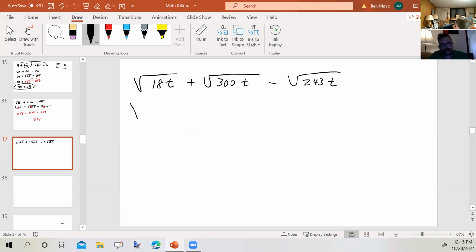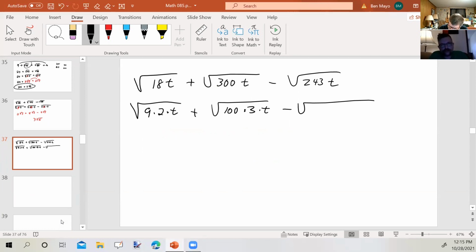Well, 18 is 9 times 2, 9 being a perfect square. 300 is 100 times 3, 100 being a perfect square. 243, I think that's 3 times 81, 81 being a perfect square.